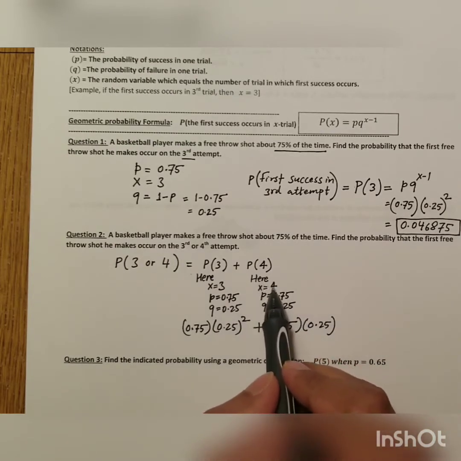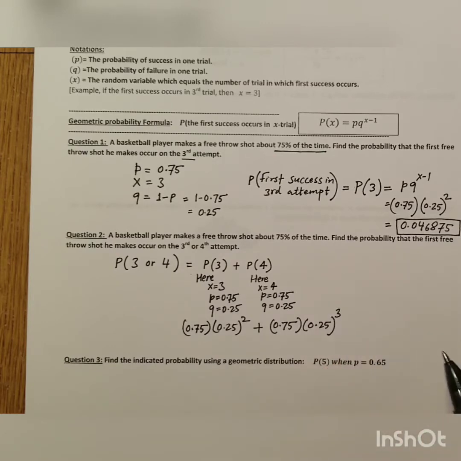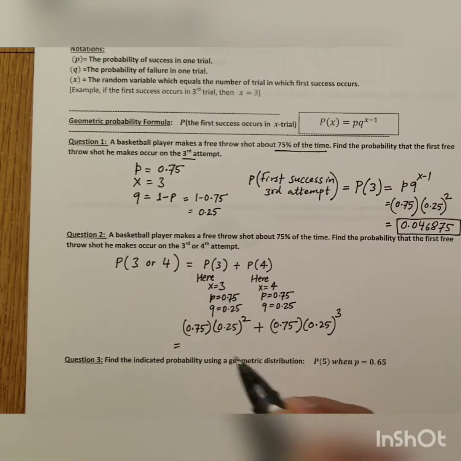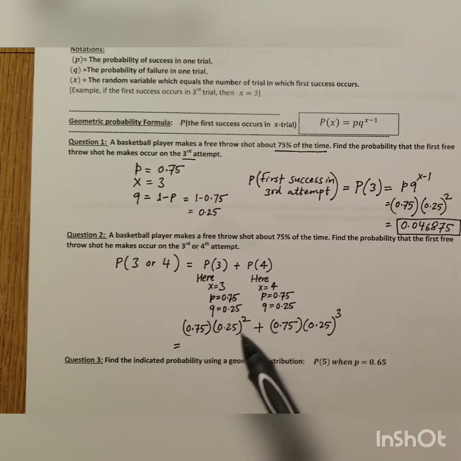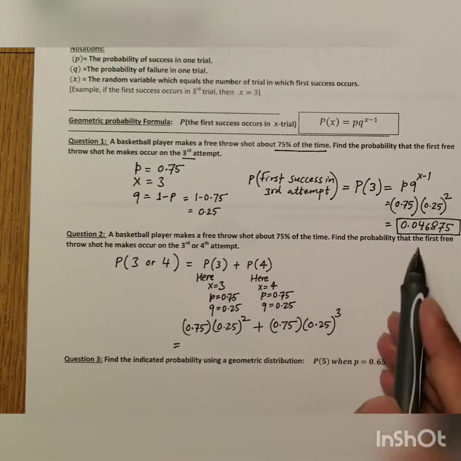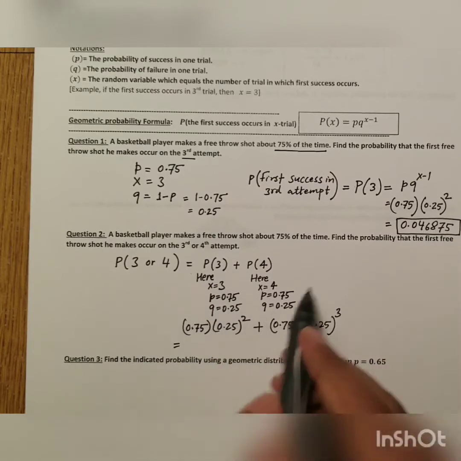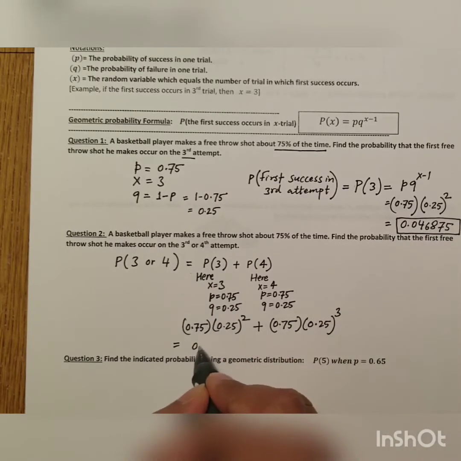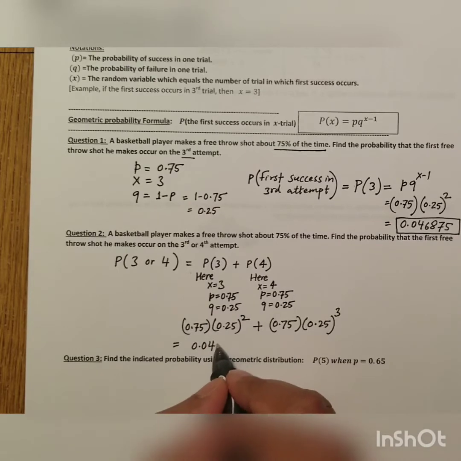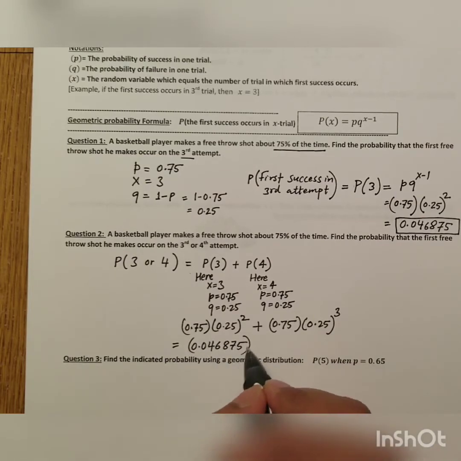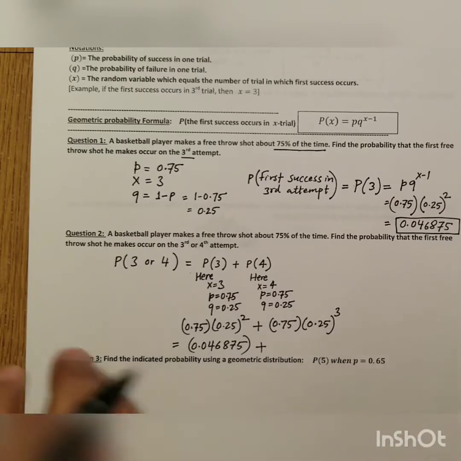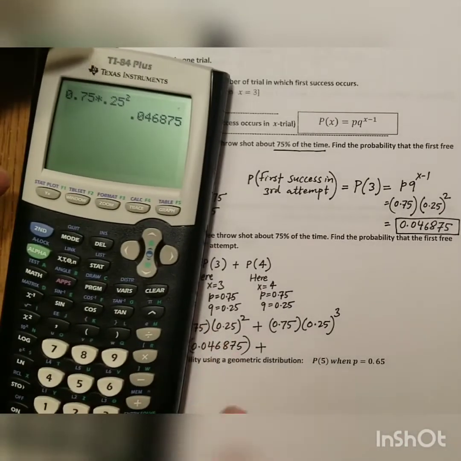Here x equals 4, so 4 minus 1 is 3. We did the first part already, it's the same thing, and what we get there is 0.046875 for this part only.